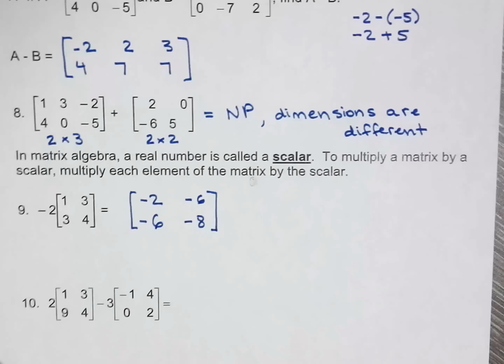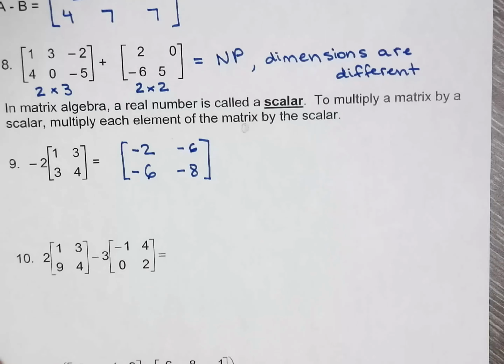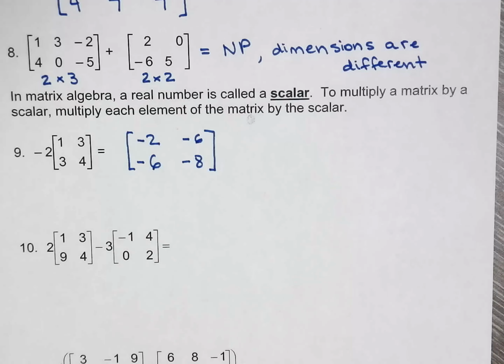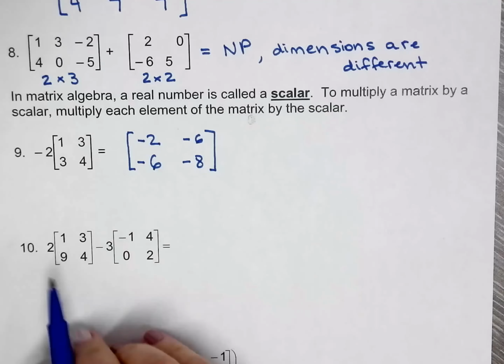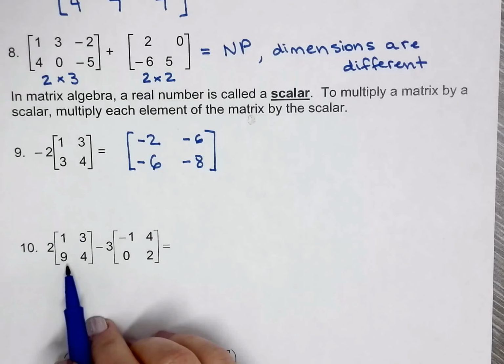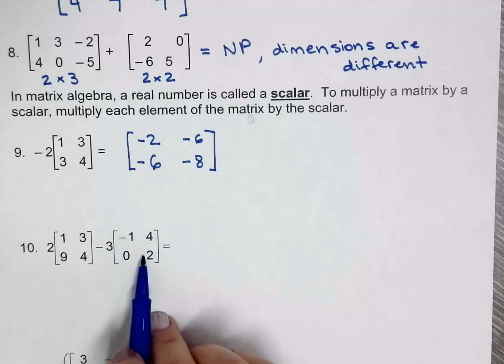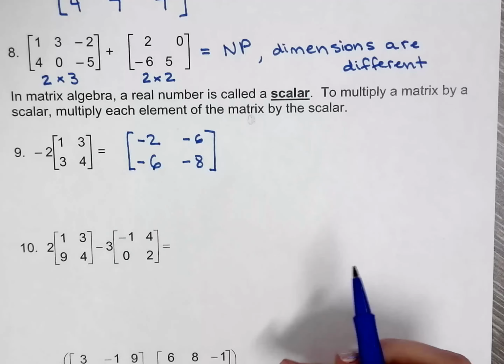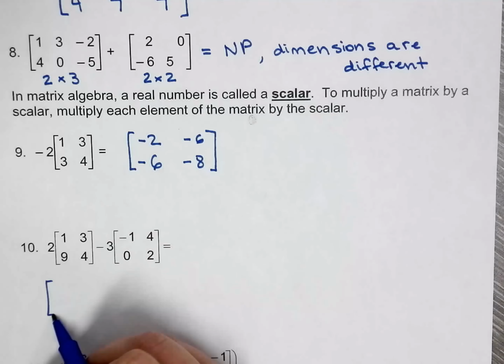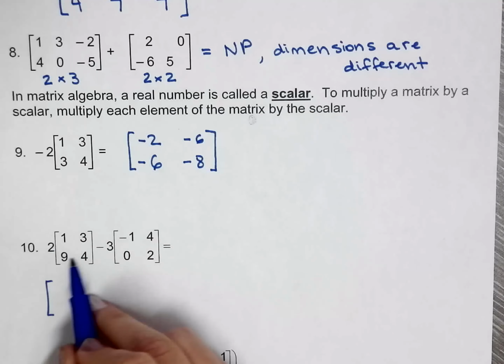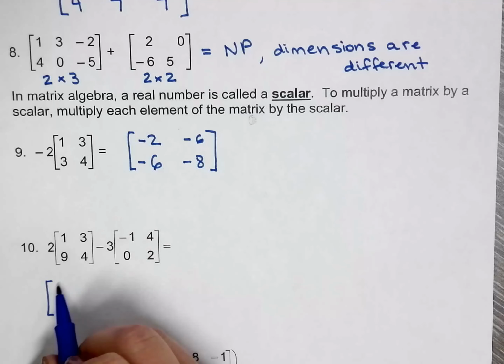That's all you're doing. Now the next one, we added a couple more steps. We're going to do it by parts. I will multiply this first, and then this, and then we put them together. Multiply every element right here by 2.